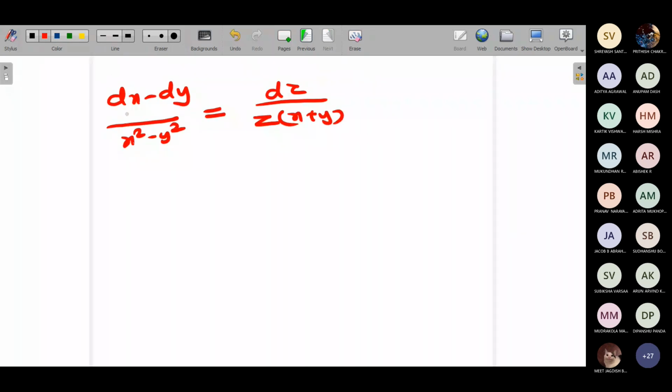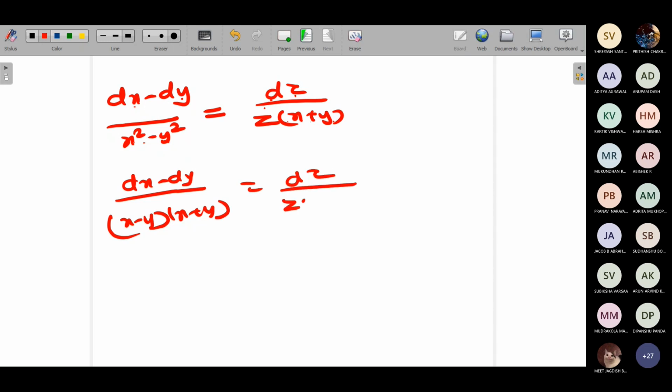I am writing the first two ratios in the form of dx minus dy, so I get x square minus y square. This I am equating to the third ratio. So I can write this as (dx minus dy) divided by (x minus y) into (x plus y) is equal to dz divided by z into (x plus y).